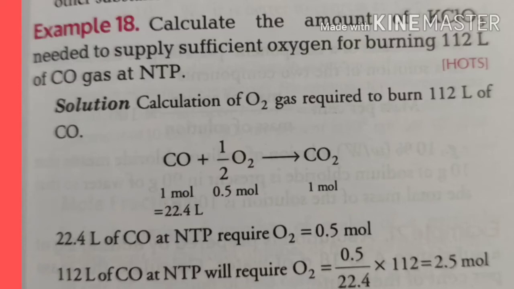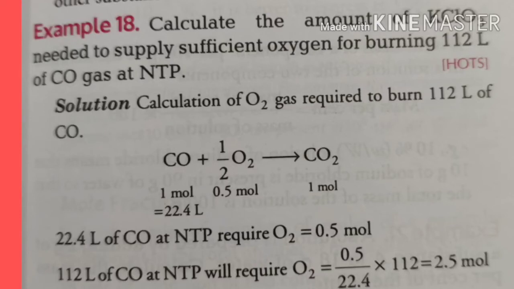Now the calculation of oxygen gas required to burn 112 liter of carbon monoxide. So we write the combustion of carbon monoxide plus half O2 is converted into carbon dioxide. So 1 mole, that is 22.4 liter, will provide 1 mole of carbon dioxide and it will consume only half mole of oxygen.